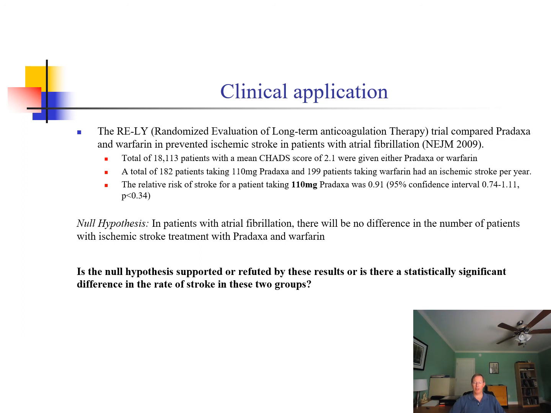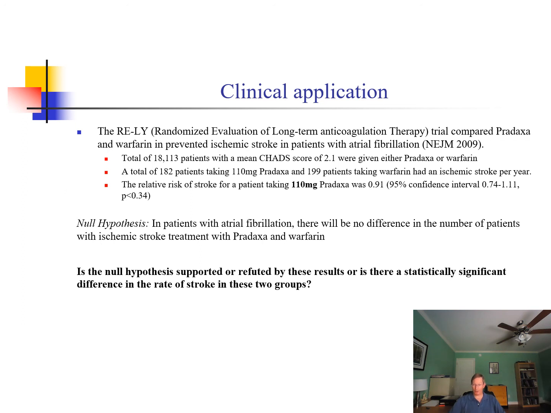Now, they also, in this trial, used a different dose of Pradaxa, 110 milligrams, and in this group, 182 patients taking the 110 milligrams of Pradaxa, and 199 taking the warfarin that we talked about before, had an ischemic stroke.